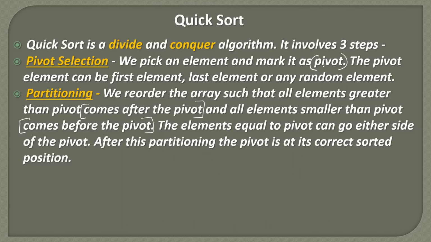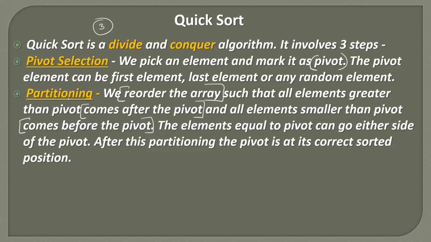So the pivot we took, which we saw in our previous slide, was 3. Then we partition the array in such a way that all the elements greater than the pivot come after the pivot, and all the elements smaller than the pivot come before the pivot. So we are actually reordering the array, and the elements equal to the pivot can go on either side. It can go on the left side or on the right side.